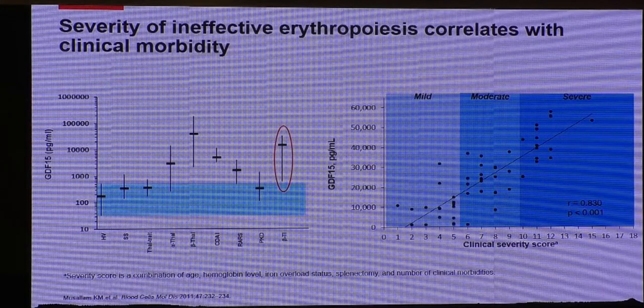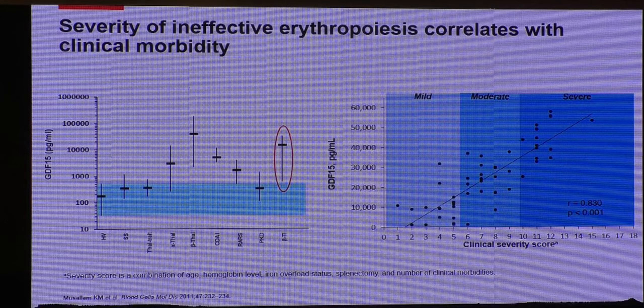So we wanted to at least try to look at the effect of ineffective erythropoiesis directly, but as you know, this is almost near impossible, because otherwise you would need to biopsy every patient and look at some certain marker or degree of ineffective erythropoiesis in the bone marrow and link it to complications. So the next best thing we could do is look at some serum markers that are linked to the severity of ineffective erythropoiesis.